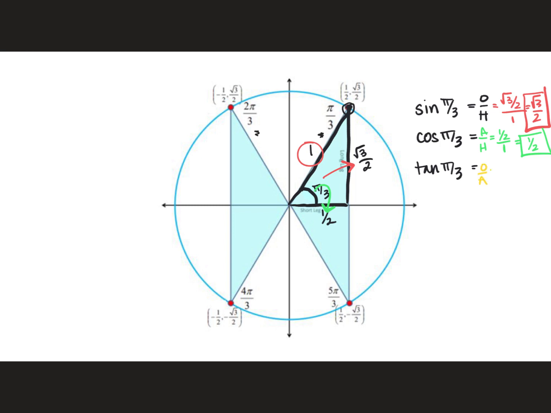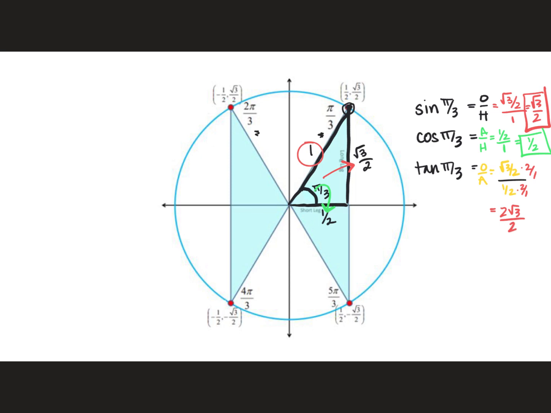Tangent would be opposite over adjacent. This one is going to look a little bit ugly. The opposite side we said is radical 3/2 over the adjacent side, which is 1/2. I can't leave it like that. We are going to have to multiply by the reciprocal of the denominator so that it looks nicer. This gives me 2 times radical 3 over 2 times 1, which is just 2.